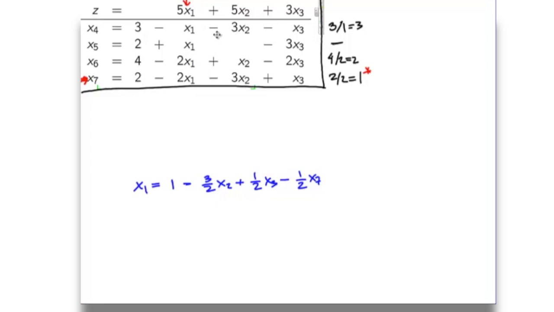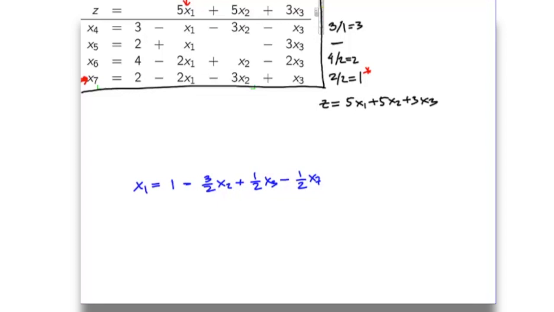Now, because x1 becomes a basic variable, we need to eliminate it from each row from the right-hand side, okay? And we can easily do it by just substituting this expression for x1 in every row. So let's start doing this with the objective. 5x1 plus 5x2 plus 3x3.